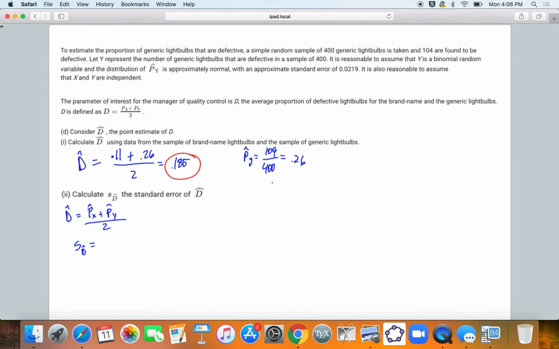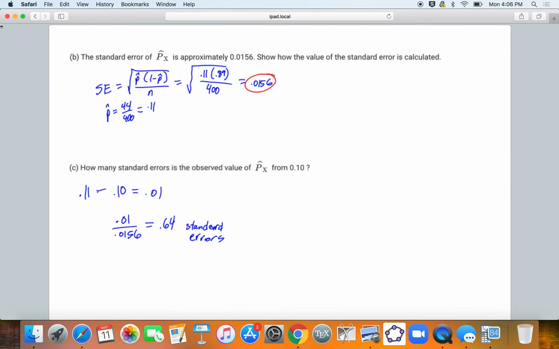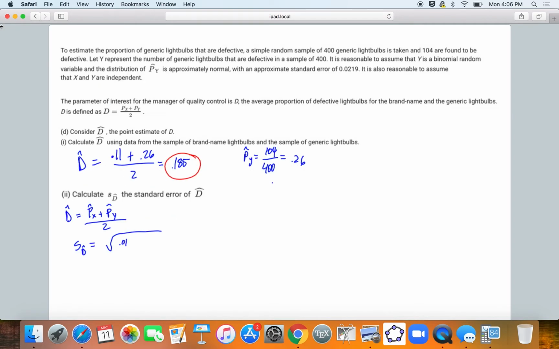So I'm going to do the square root of the variance of p hat x, which was, let's see, 0.0156. So that's 0.0156 quantity squared, plus they tell us the standard error for p hat y is 0.0219, plus 0.0219 squared.